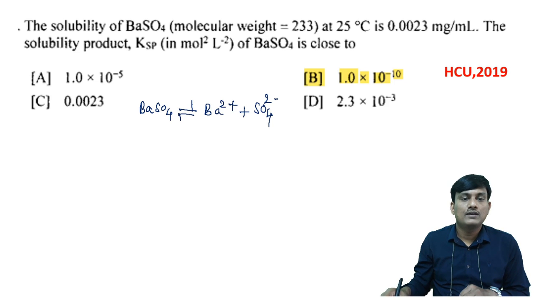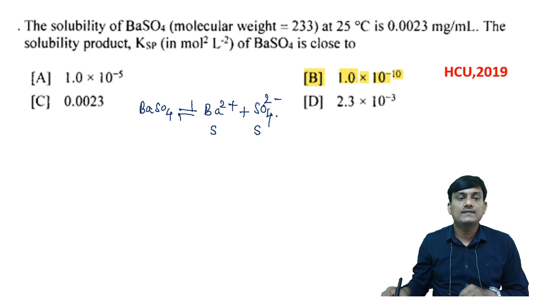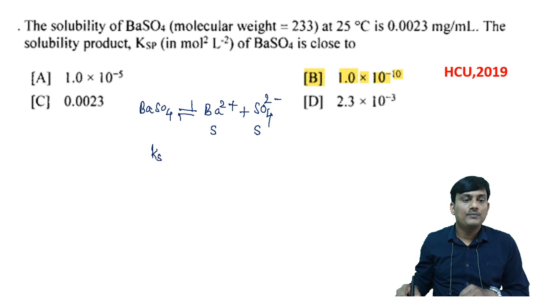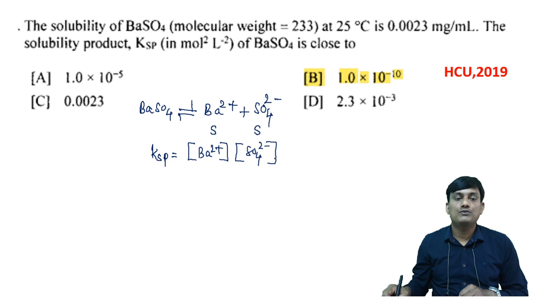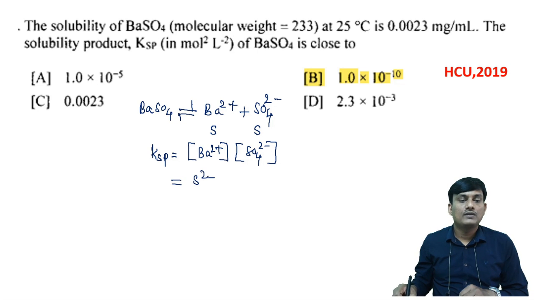If the solubility of BaSO4 is S, then the concentration of Ba2+ is S and the concentration of SO4 2- is also S. Then Ksp is equal to the product of the concentration of Ba2+ and the concentration of SO4 2-. So S into S, Ksp is equal to S square.